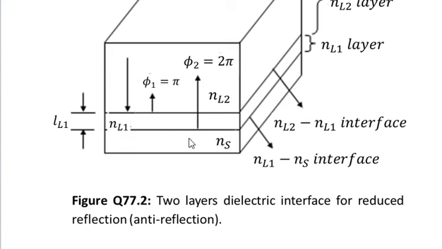Similarly, when the light enters the NS region, multiple reflections will also occur in this region, and multiple reflections back into NL1 and also into the NL2 region will occur.